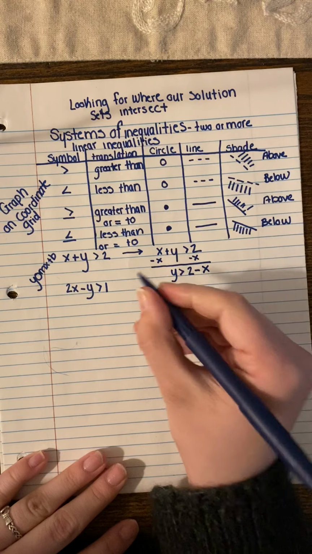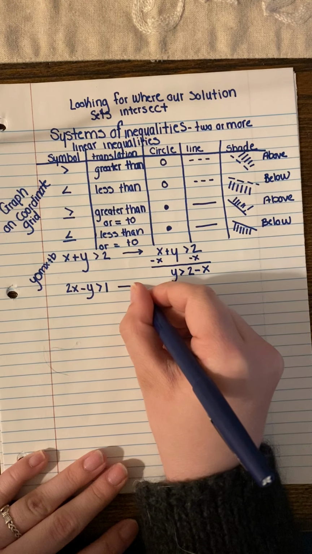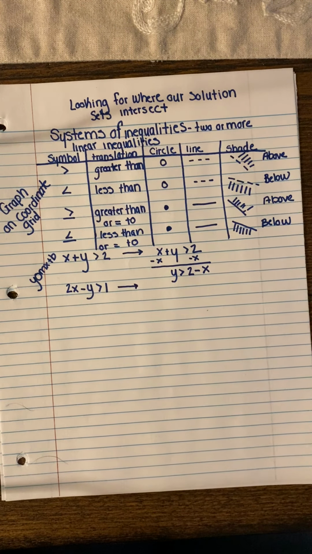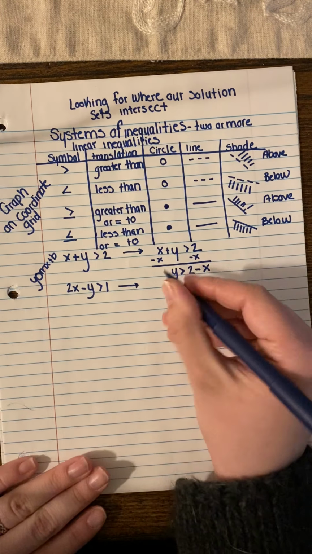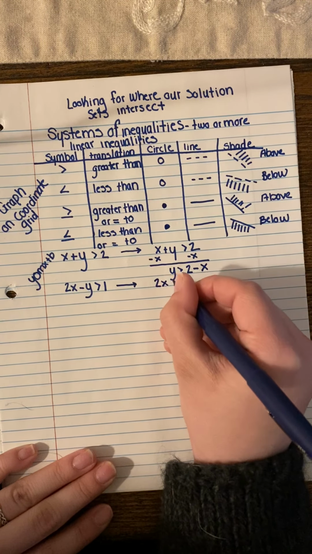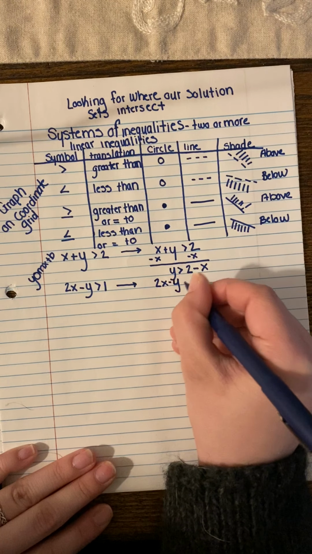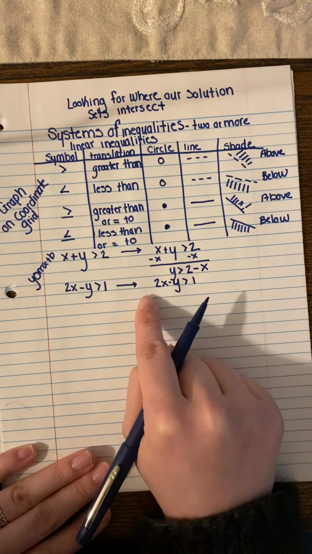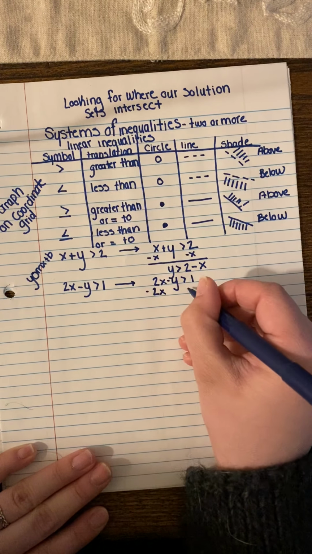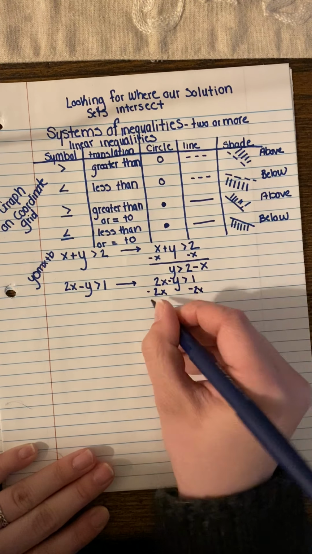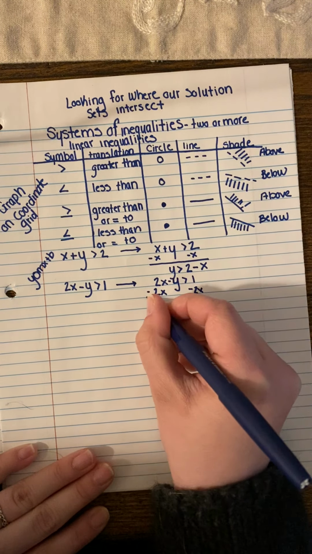Now this one we need to rewrite. So it's going to take an additional step that the first one did not, okay? So we want to get rid of our 2x first. And in order to do that, we need to subtract it. So minus 2x on both sides. My 2x's cancel out, and I'm left with negative y is greater than 1 minus 2x.